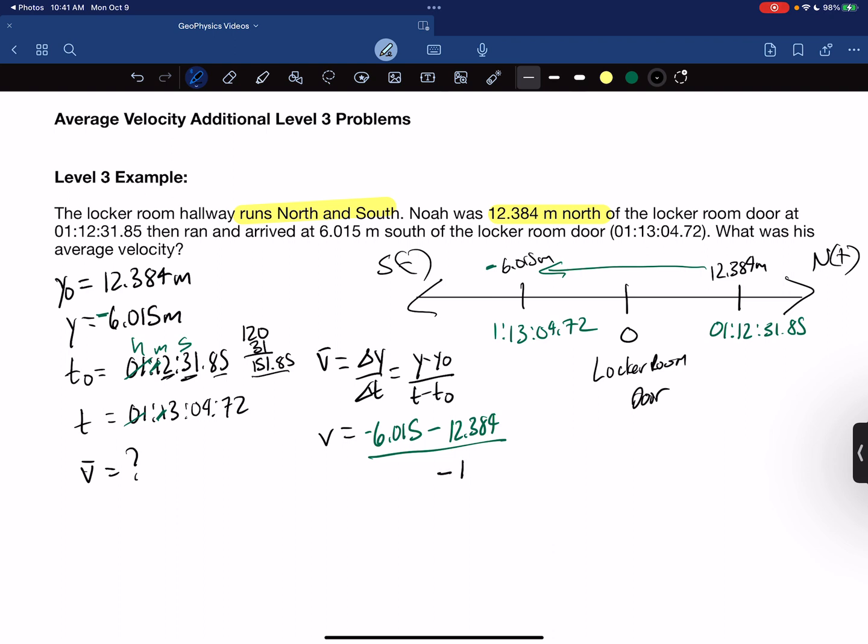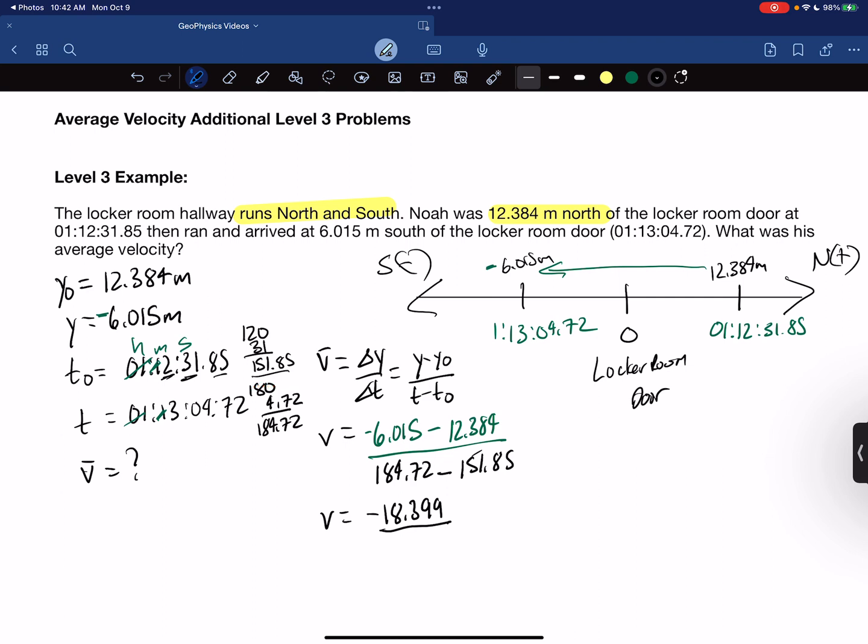And that then is 151.85. And our final time is 3 minutes, which is 180 seconds. And then we have another 4.72, so that gives us 184.72. And then when we do our math on this, we get negative 18.399 meters.